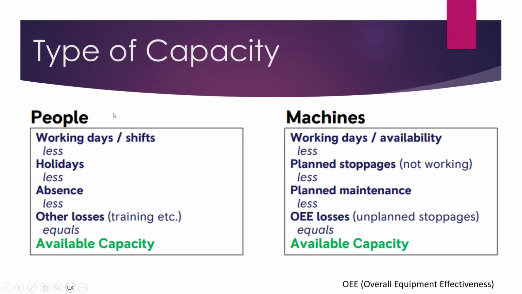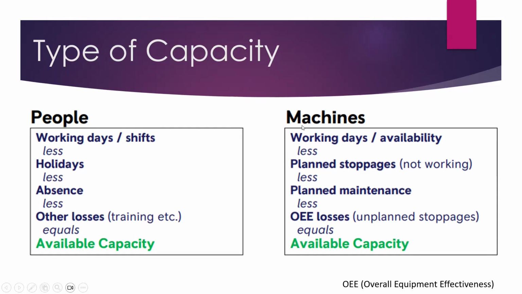So the types of capacity, as I have told you in my previous lecture, include people and machines. People, that is manpower, have working days and shifts, and from working days and shifts we need to subtract the number of holidays, number of absences, and other absences from duty, like training, and this calculation results in available capacity.